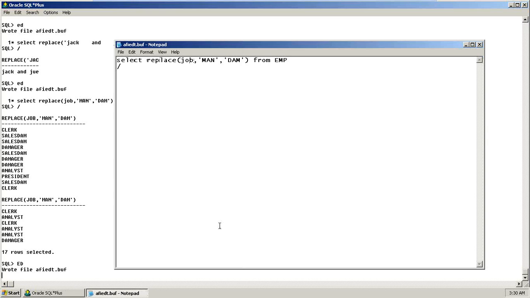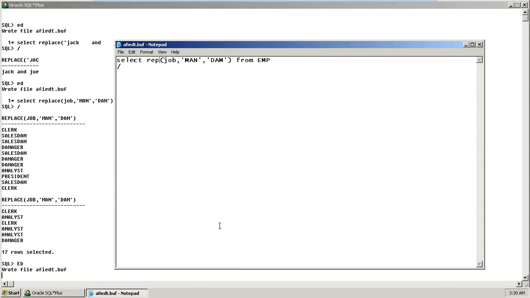Like this. And you can also use one more function, that is translate. The translate is actually character to character replacement. Okay, see here, translate Jack and Jew.